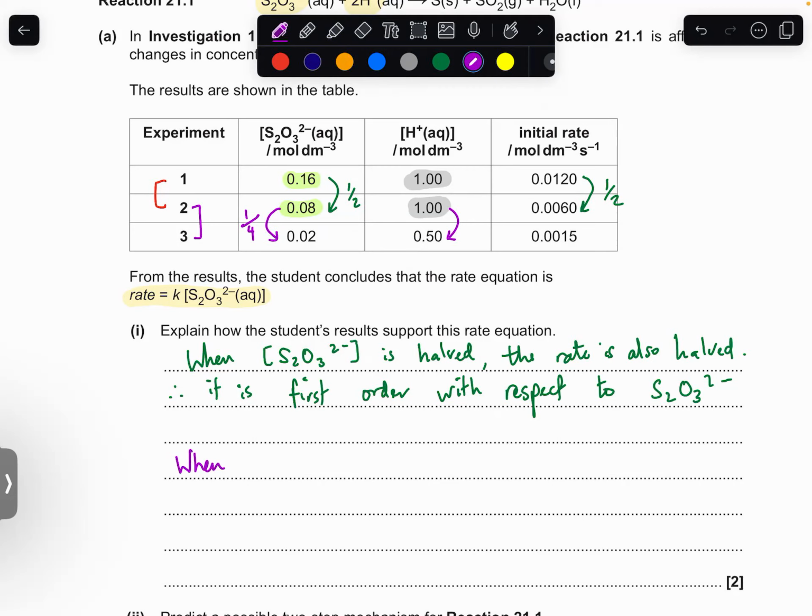So you see, when the concentration of S2O3 2- is multiplied by a quarter, and H+ concentration is halved, the rate is 60 over 15 is 4, also times 1 over 4.